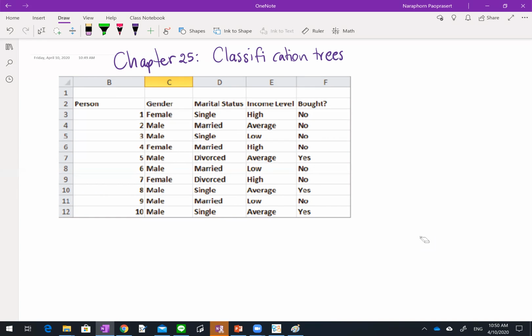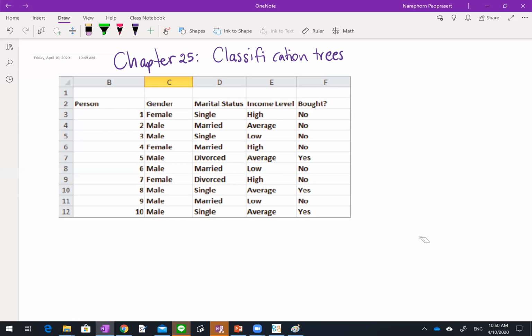something like, will someone purchase a radio headphone in the next month? Are you going to get a heart attack next year? Those kinds of things.